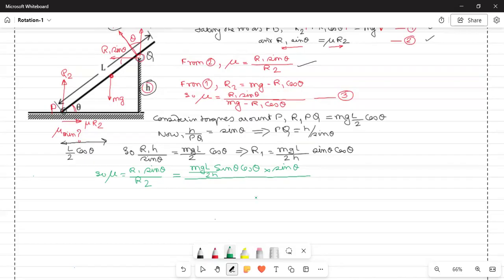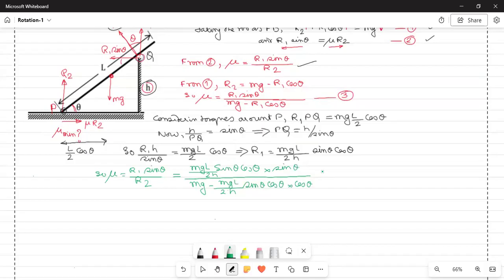R2 is mg minus R1 cos theta, which is mg minus mgL by 2H sin theta cos theta, multiplied by another cos theta.